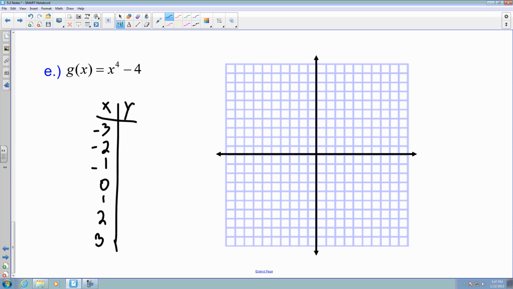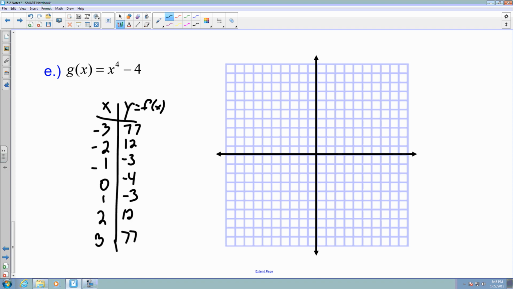If x is -3, my y or my f of x equals 77, negative 2 gives me 12, negative 1 gives me negative 3, 0 is negative 4, 1 is negative 3, 2 is 12, and then 3 is 77. So again, I can't plot all these points, but I can plot some of them.